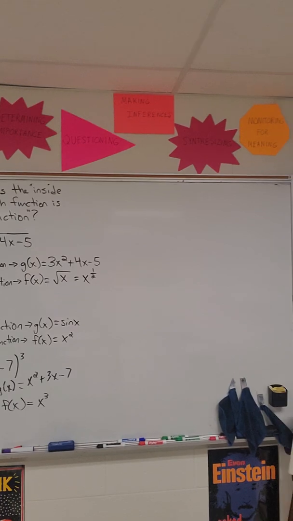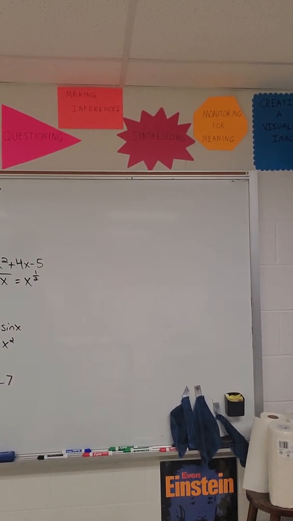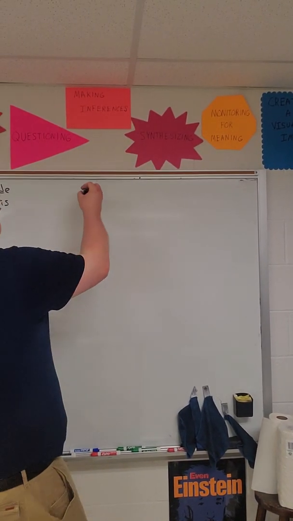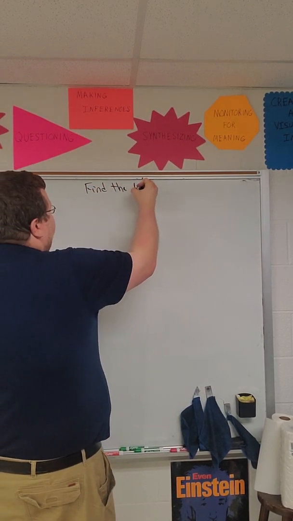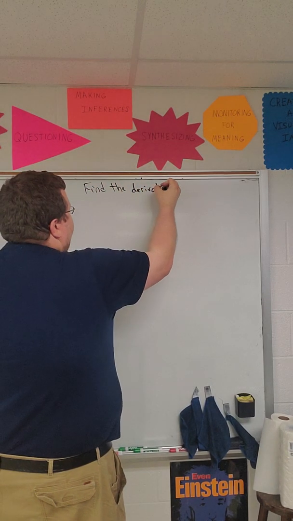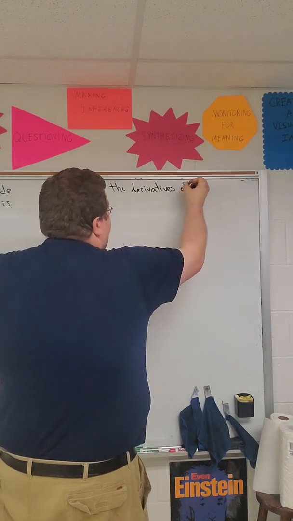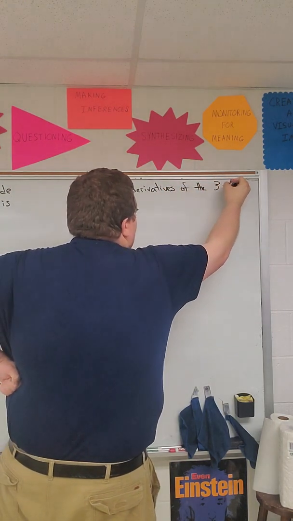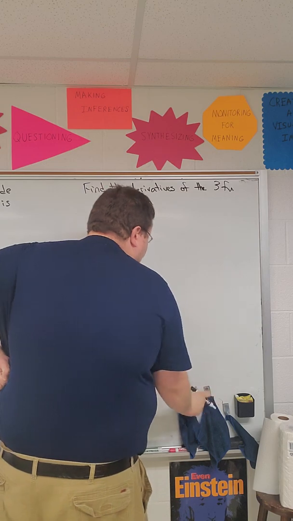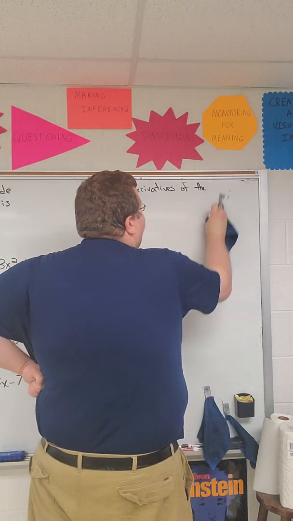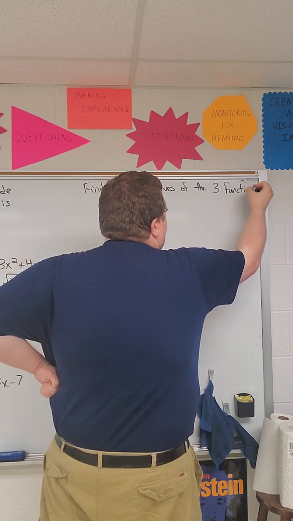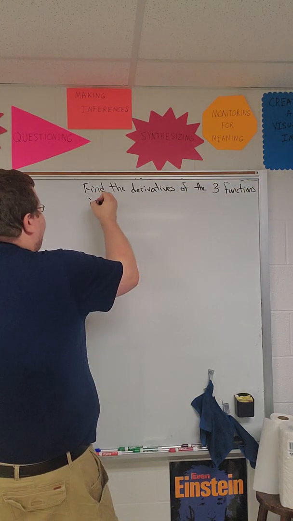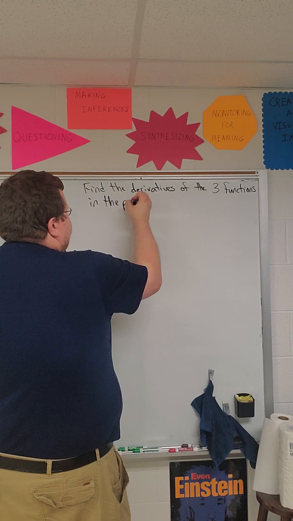Okay, so we're going to move over here to the right, and I'm going to find the derivatives of these functions. Find the derivatives of the 3 functions in the previous example.